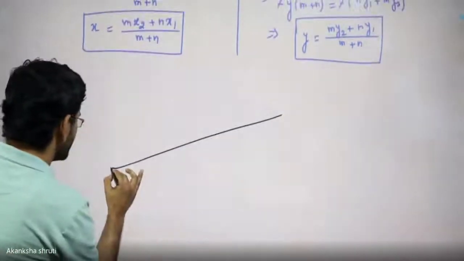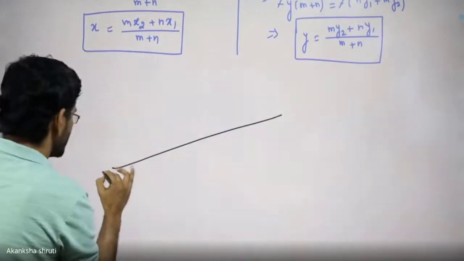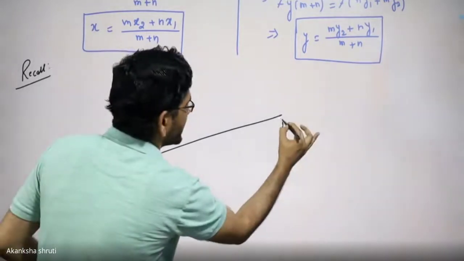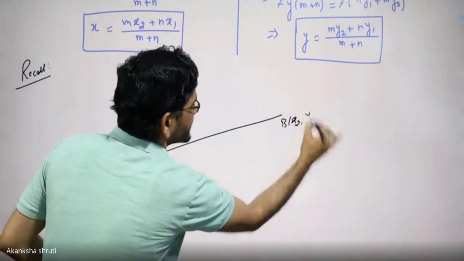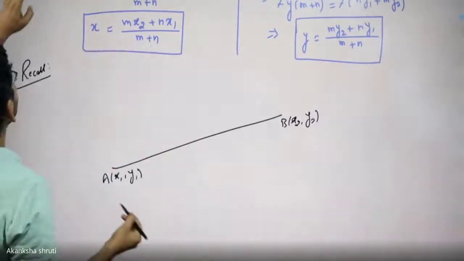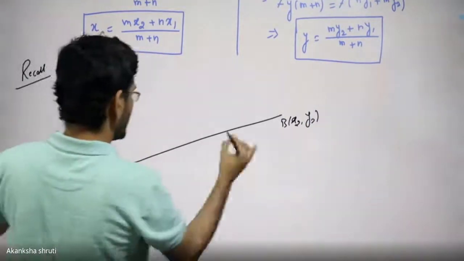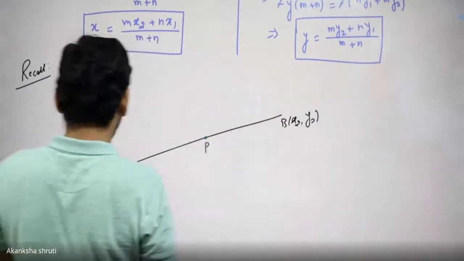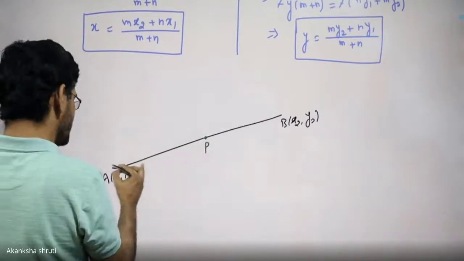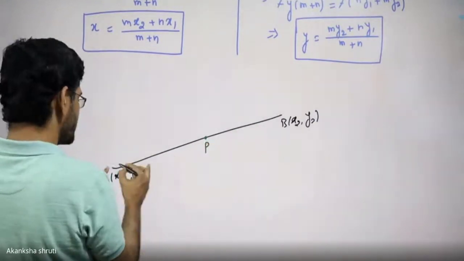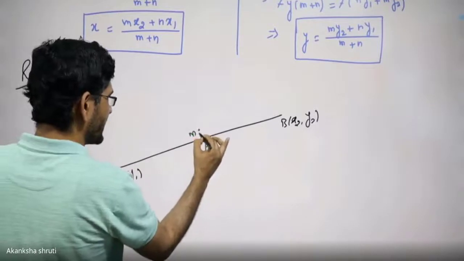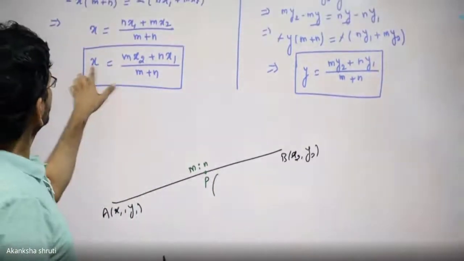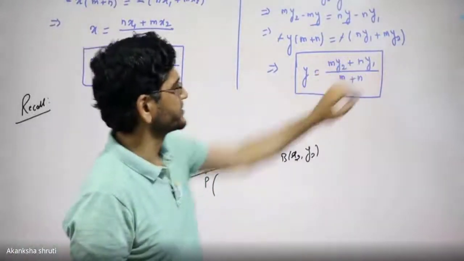If we are given two points, let us consider them as A(x1, y1) and B(x2, y2), and there is any point in between A and B, let us consider it as P. The point P is dividing AB, starting from A, in the ratio of m to n. Then the x coordinate of point P is given by this formula, and the y coordinate is given by this formula.